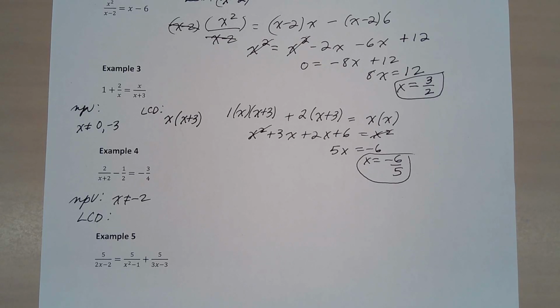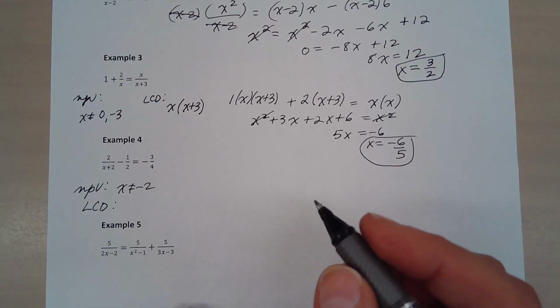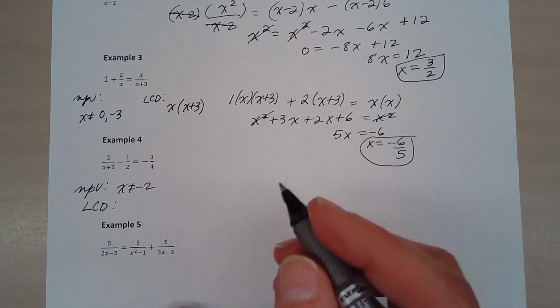But even if you don't choose the lowest, it'll still work out if you pick just a common denominator, right? One of the ways that you can pick a common denominator is just including all of them in there, right? But it's not necessary usually to include all of them. So what would be the lowest common denominator? Close.